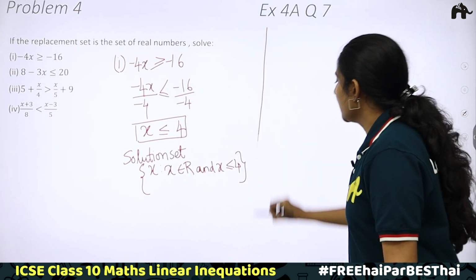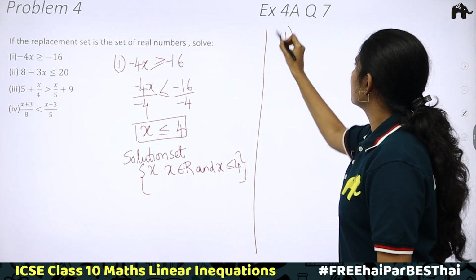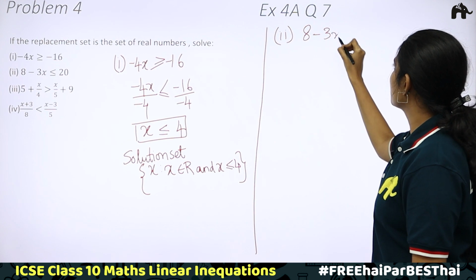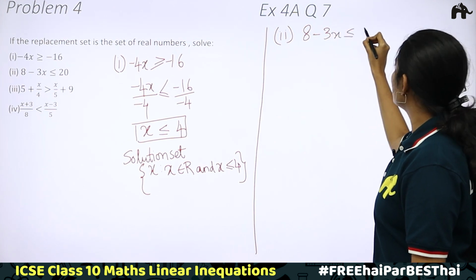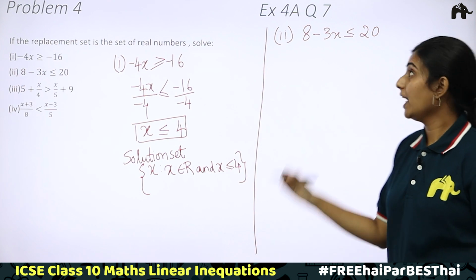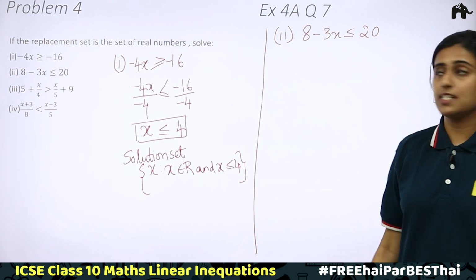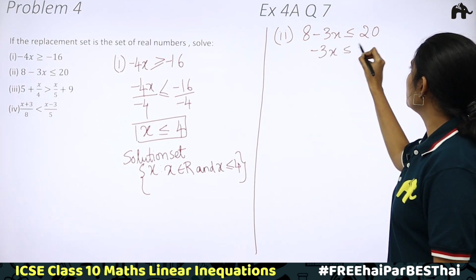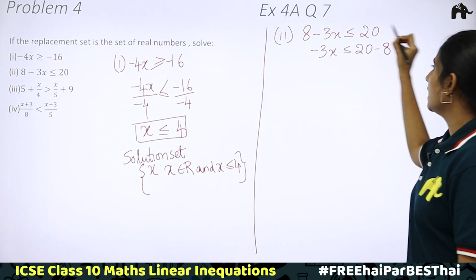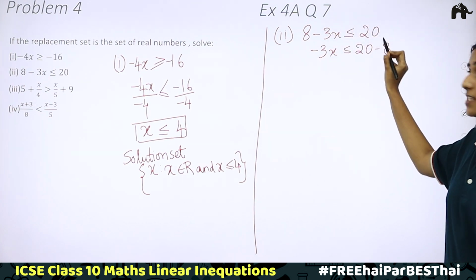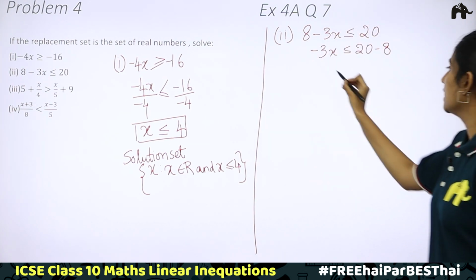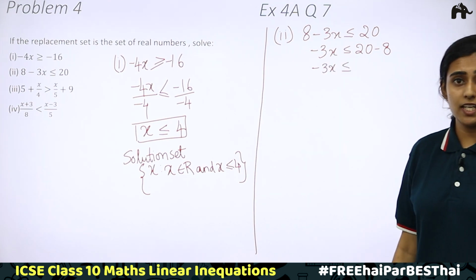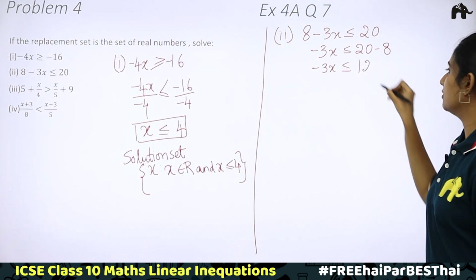Okay. Let's move on to the second part. The question is 8 minus 3x less than or equal to 20. Minus 3x less than or equal to 20 minus 8. The 8, when it goes to the RHS, becomes minus 8. Minus 3x less than or equal to, what is 20 minus 8? 12.